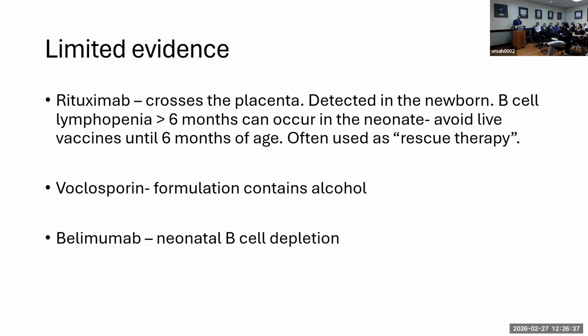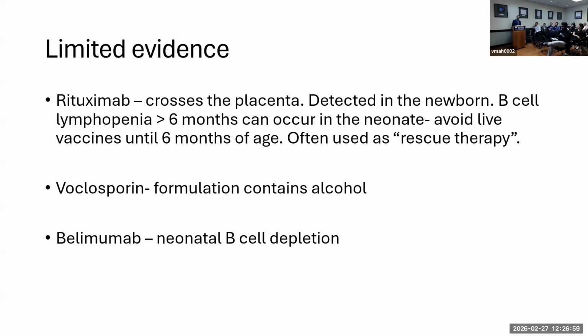Limited evidence for rituximab. It's found to cross the placenta, it's detected in the newborn, and there have been some cases of neonatal B-cell depletion for up to 6 months post delivery. It's also recommended that you avoid live vaccines, obviously. So it's often used as rescue therapy in the third trimester.